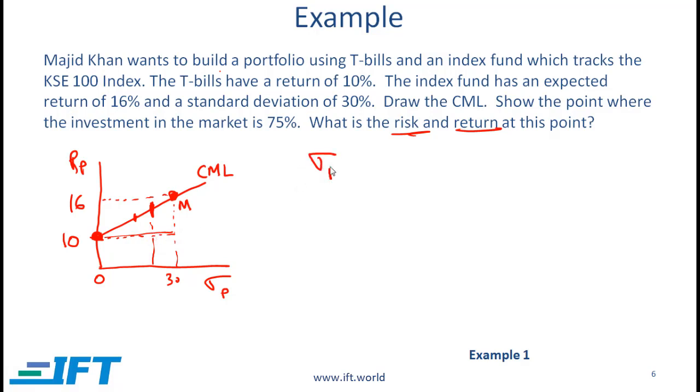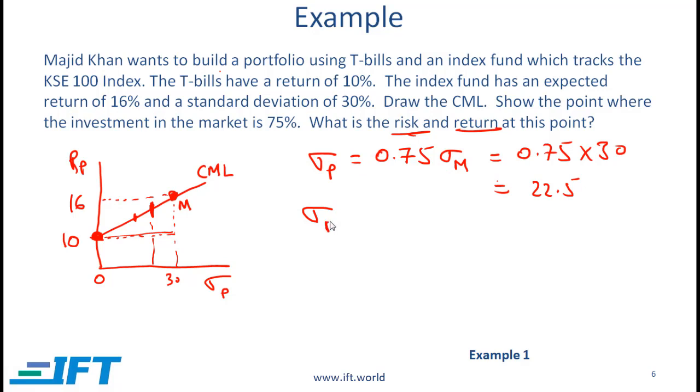Therefore, the risk of the portfolio is equal to 0.75 multiplied by the risk of the market, which is equal to 0.75 into 30, which is equal to 22.5. Notice that if we were to write an equation, then the equation would be sigma p, which is the risk of the portfolio, is equal to weight of the market portfolio times the risk of the market portfolio. That's exactly what we have done.